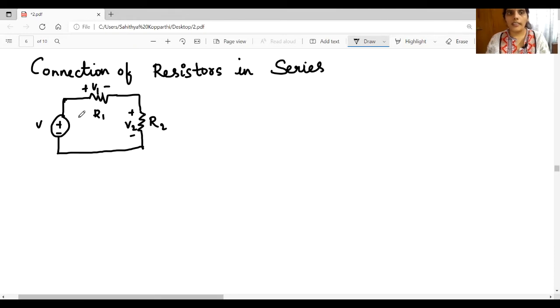Now if you apply KVL, this branch current will be the same as the loop current because all the elements are connected in series.